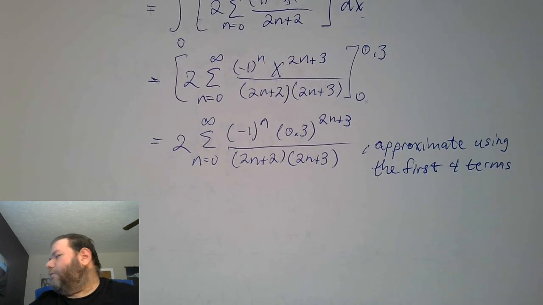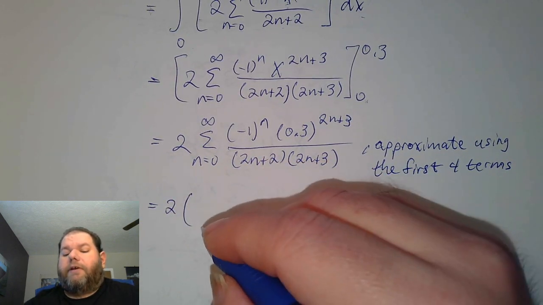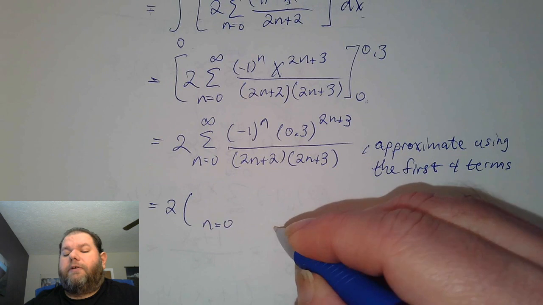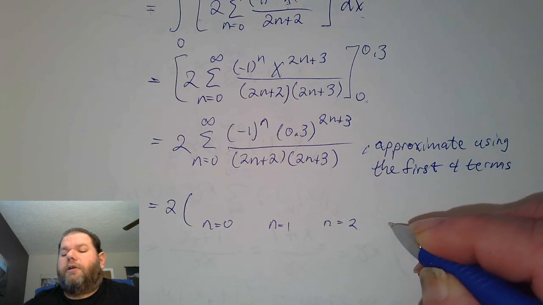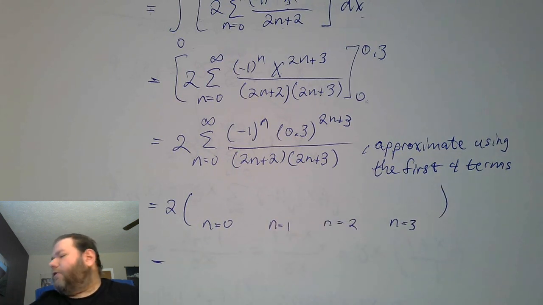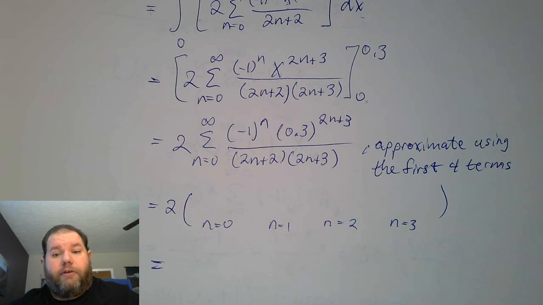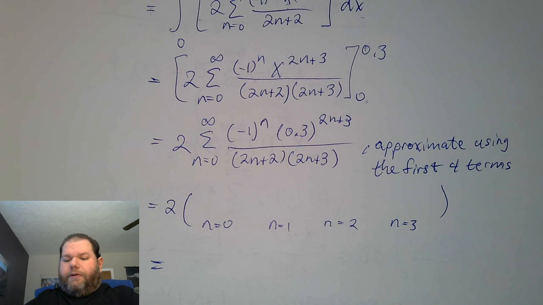Now I'll keep the 2 outside for now, but we'll have to plug in n equals 0, n equals 1, n equals 2, and n equals 3. And then we'll get our result based on that. This is where we'll definitely want a calculator.